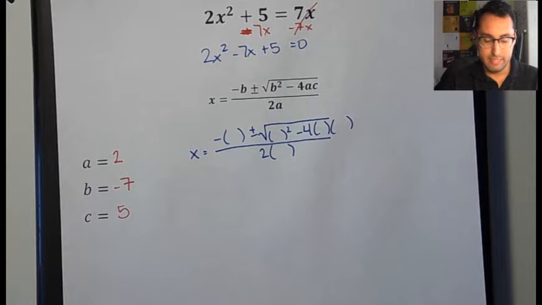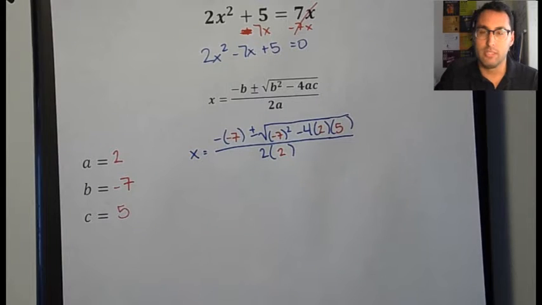So negative b is a negative, but what goes in for b is a negative 7. B squared is negative 7 squared. Negative 4 times AC, it'll be negative 4 times 2 and 5. And then it's all over 2 times A, it's going to be 2 times 2.